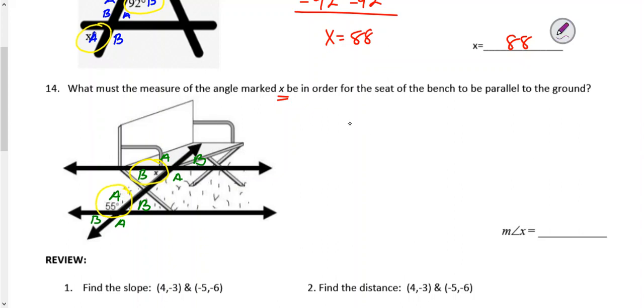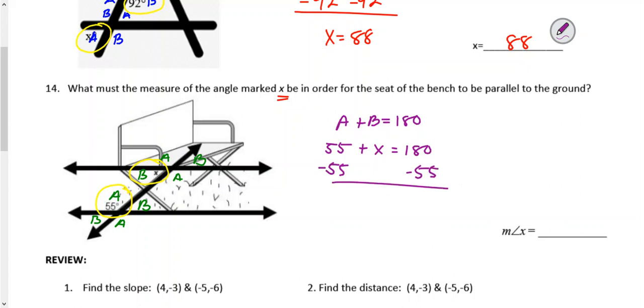So just like before, our relationship is A plus B equals 180. Fill in what you know. A is 55, B is X. Subtract 55. And we get X to equal 125.